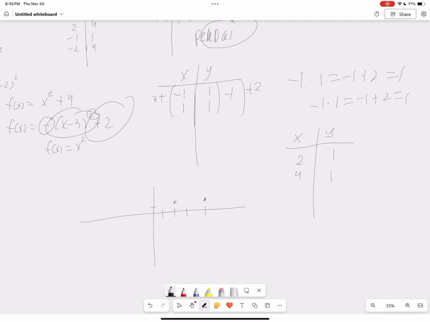Let's try another point. So I'm going to try maybe a 2. Remember, this is just the parent function, so f of x equals x squared. We plug in 2, 2 squared, and we get 4. And we change this, so we get x equals 5. Negative 1 times 4 is negative 4, plus 2, that's negative 2.